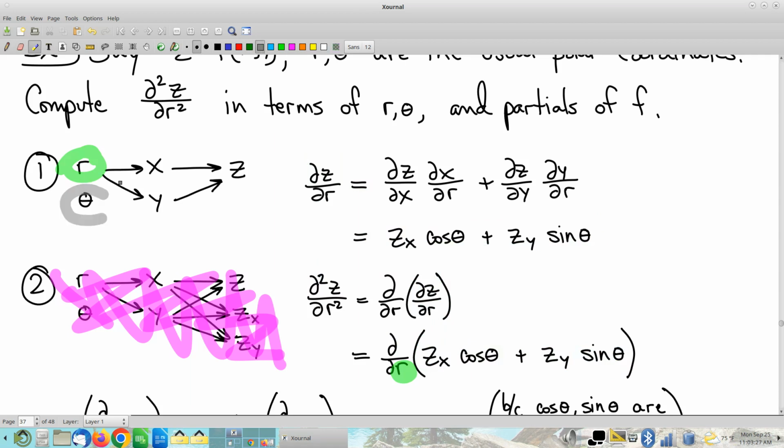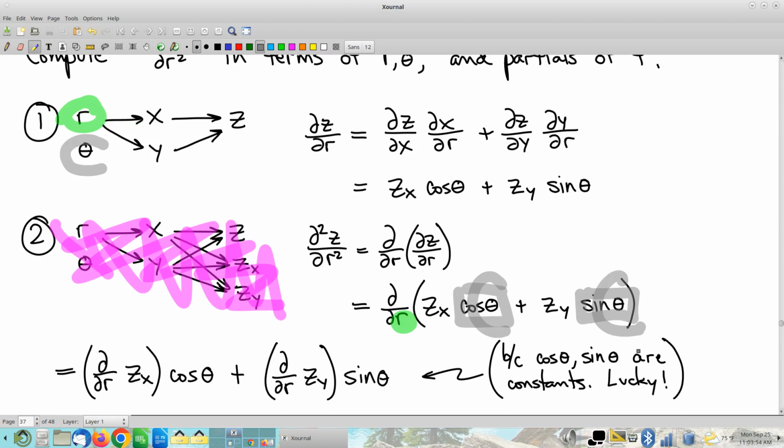Always have your diagram conveniently available to look at and remind yourself which variables are doing what at what point in the calculation. So I'm taking a partial with respect to r. That means theta is a constant. And if theta is a constant, then cosine theta is also a constant, sine theta also a constant.